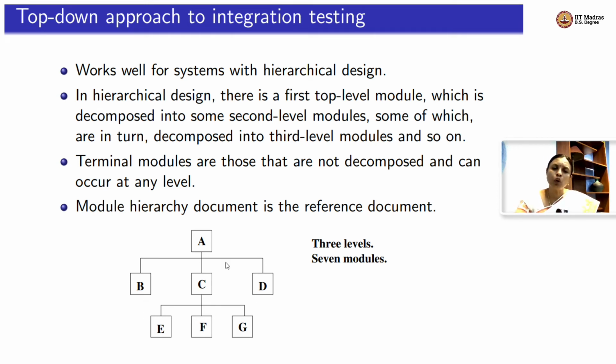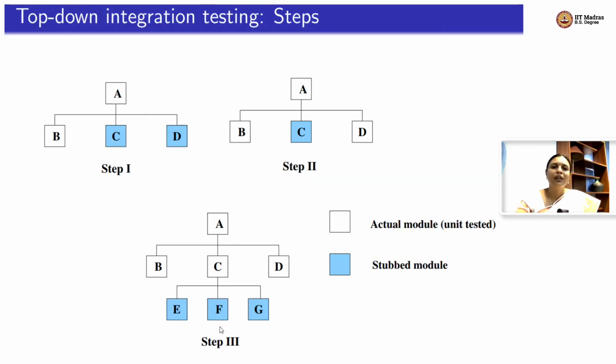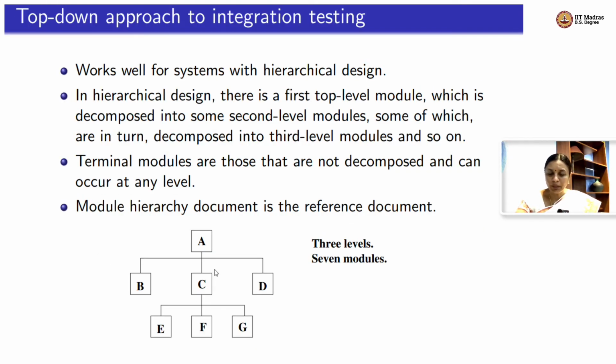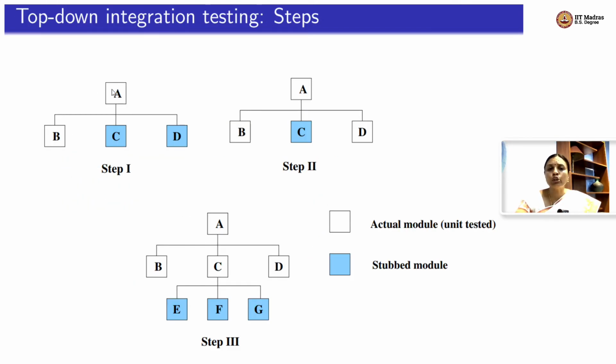But module hierarchy documents in general look like this, and they could be at any level, have any number of modules, any number of dependencies. So if I have to do top-down integration, this is just one scenario that can happen while integration testing. So please remember this module hierarchy document. Now it could be the case that modules A and B are ready.